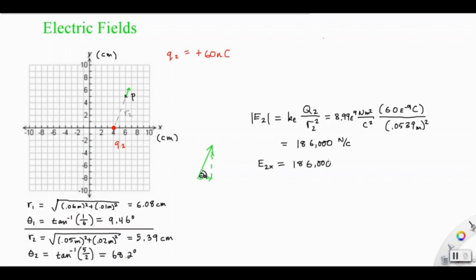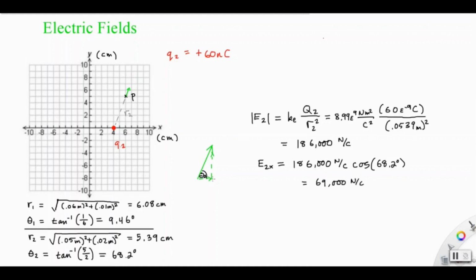This is the part that I want to really spell out because this is the part that we have to be careful about. For the x component, we're interested in the adjacent side, or cosine. And recall the angle that I calculated there for theta 2 is 68.2 degrees. 69,000.